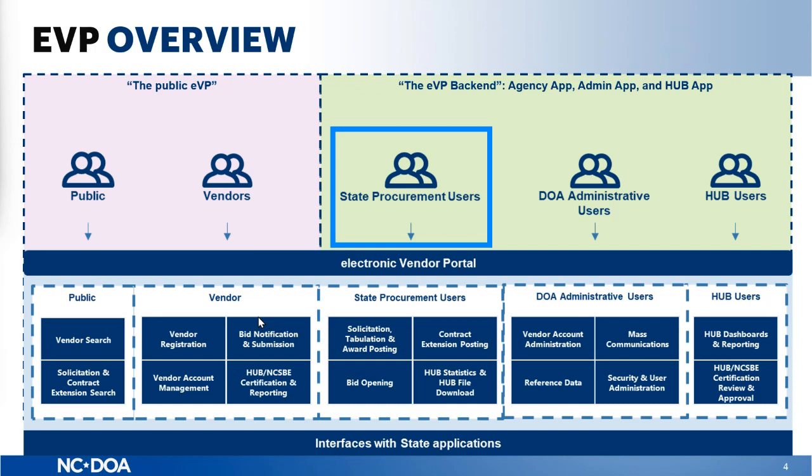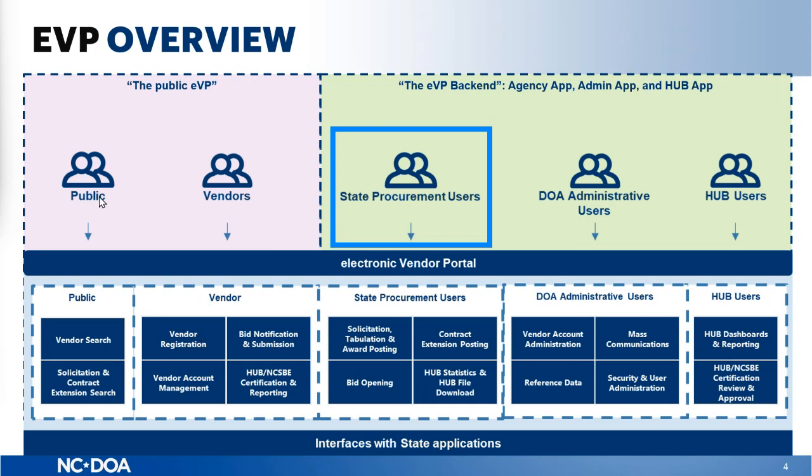But now, not only can they manage their accounts, they can also, in the same place, respond to solicitations, as well as have a better interface for getting their Hub and NCSBE certification. So this really helps them. They don't have to go to one place to manage their account and another place to respond to solicitations. It is all in the same place for them, which is going to be great.